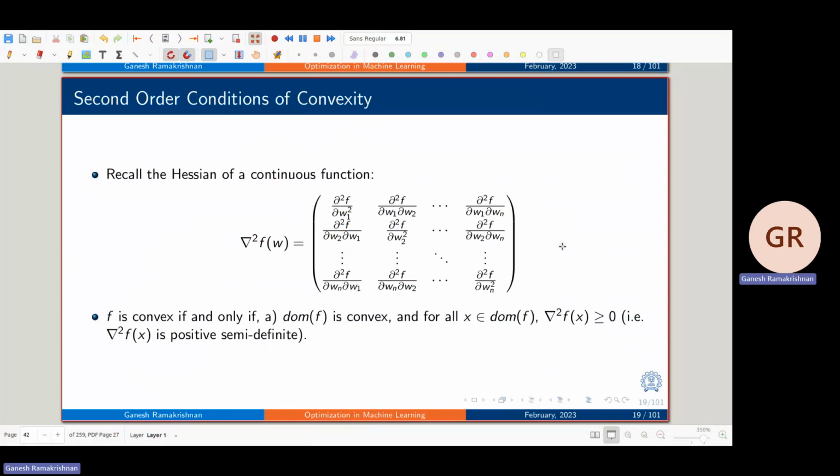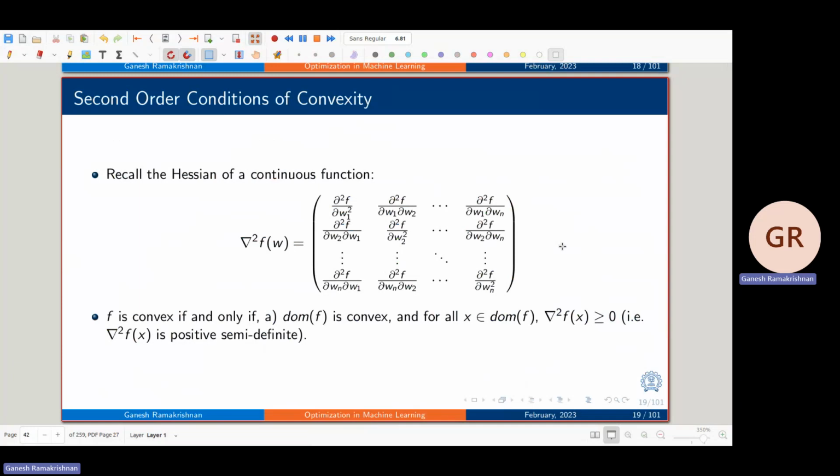So here we are saying that f of theta x1 plus 1 minus theta x2 is less than or equal to theta f of x1 plus 1 minus theta f of x2.